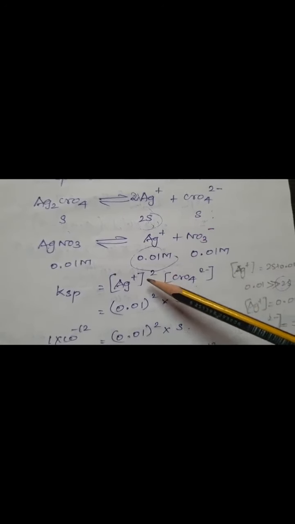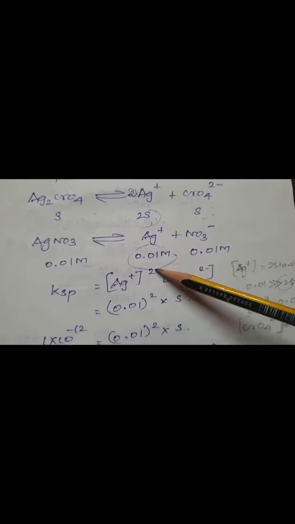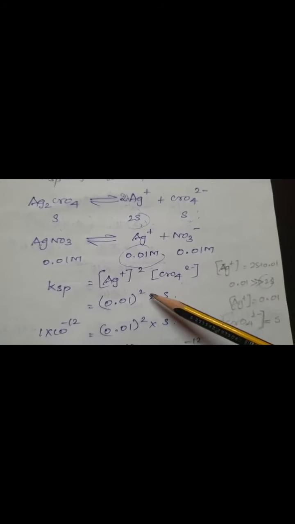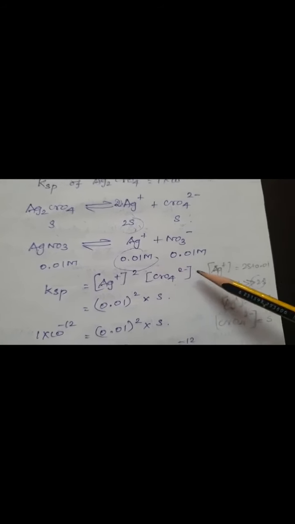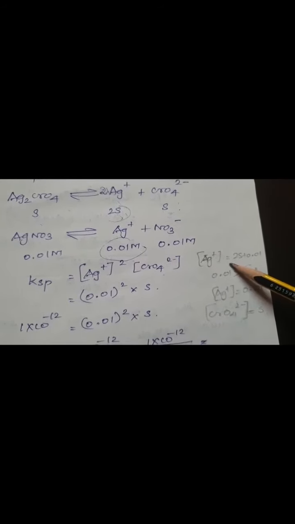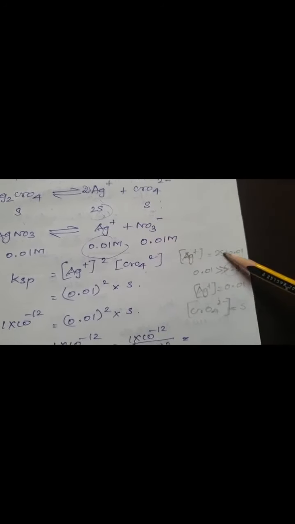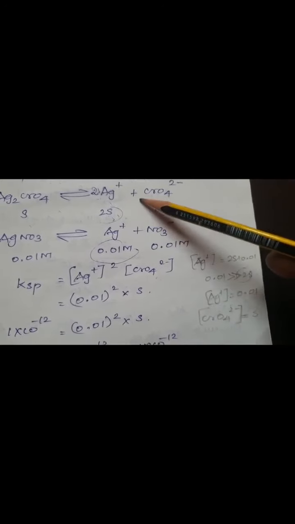Ag plus, with the number of moles as a power, into CrO4 2 minus. Then substitute the values: Ag plus is equal to 2S plus 0.01 altogether, by mixing these two solutions.